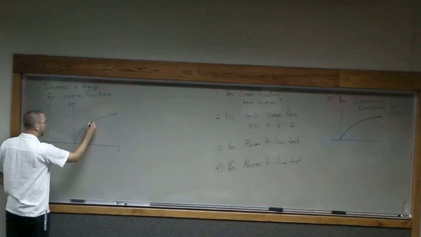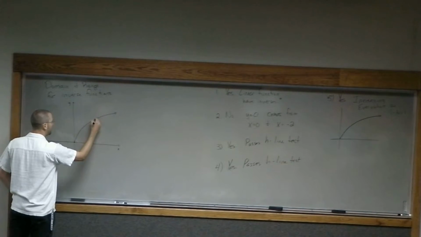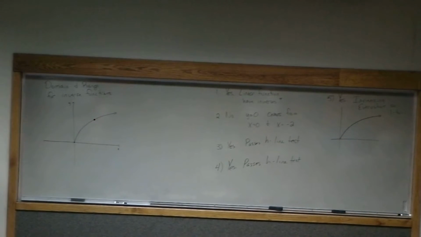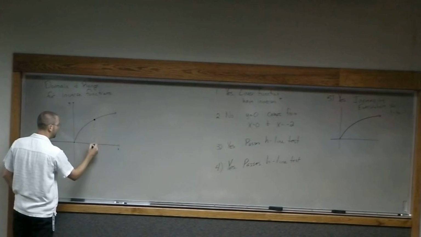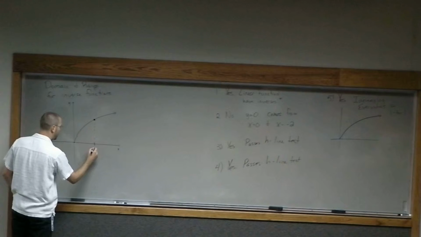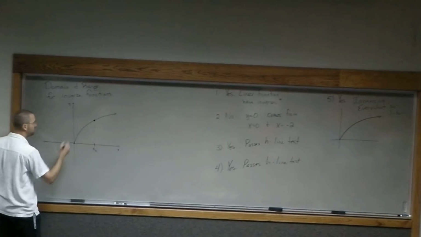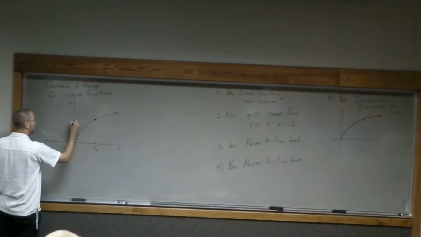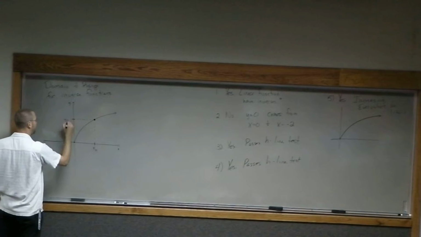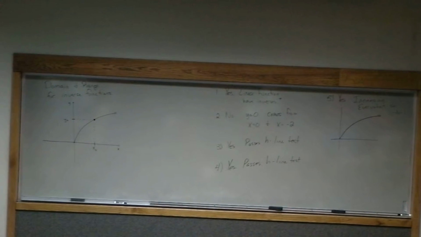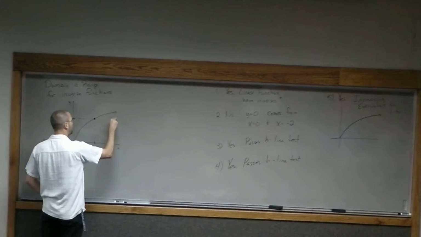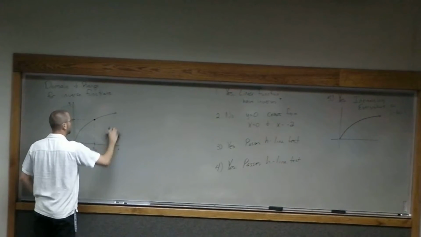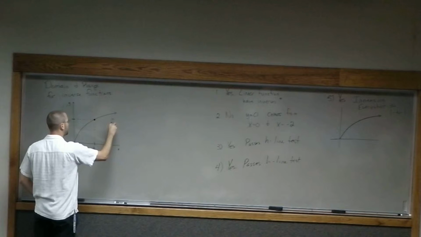Now, if I look at a point on my square root function, this point right here came from that x value, and it has that particular y value. So f of x equals square root of x.